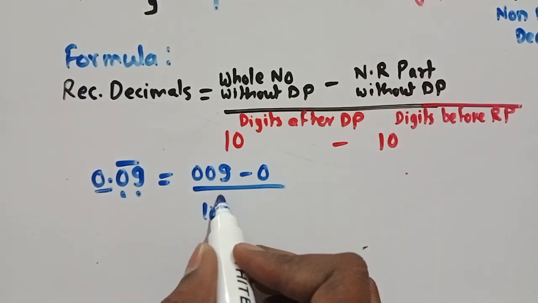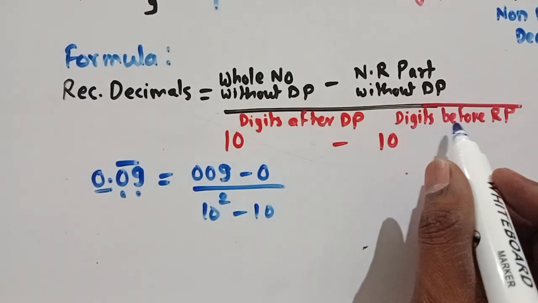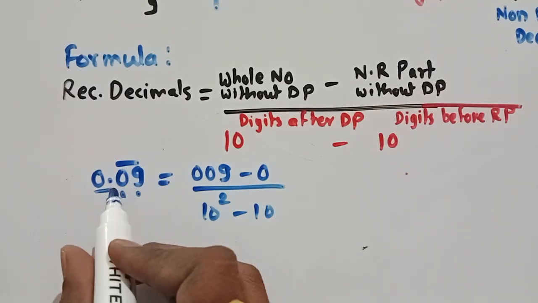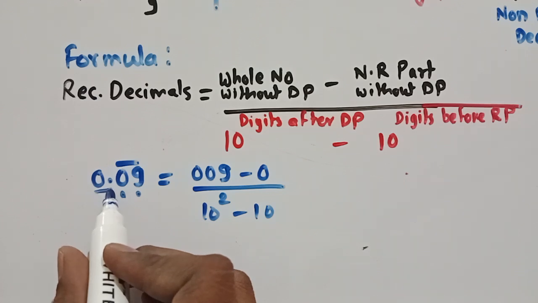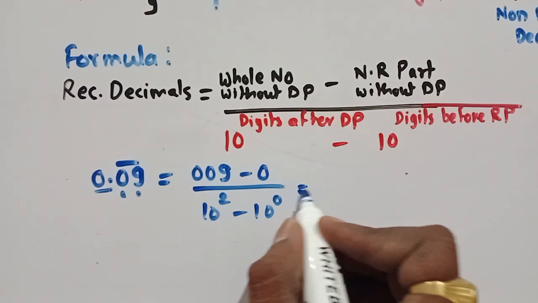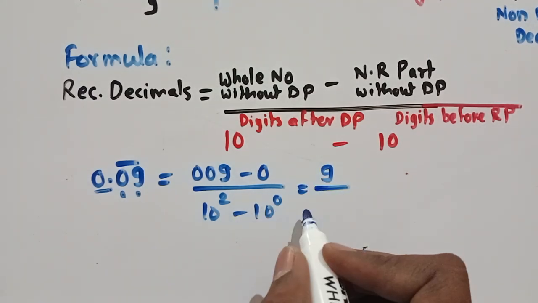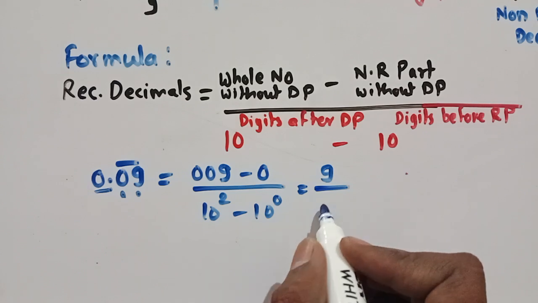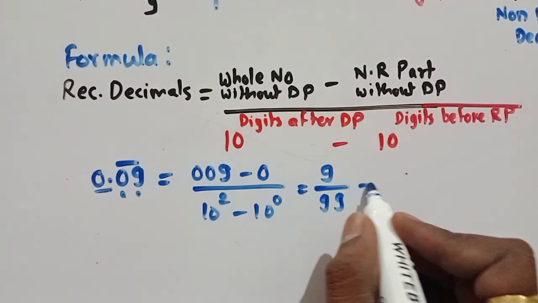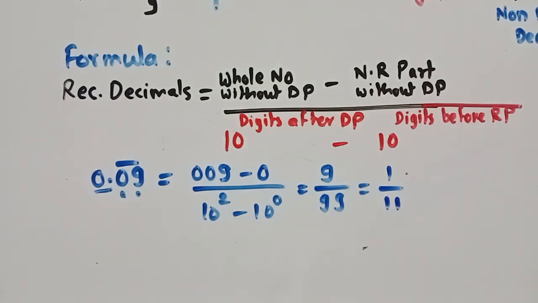As you can see here, there are 2 digits, minus 10 to the power number of digits before the recurring part but after decimal point. There isn't any, so 0. So we can write this as 9 upon 10 to the power 2, which is 100, minus 1, it's 99. Further, it can be written as 1 upon 11.